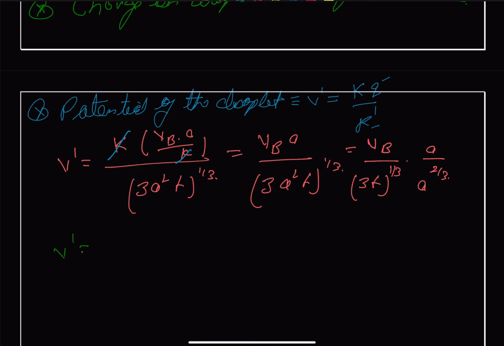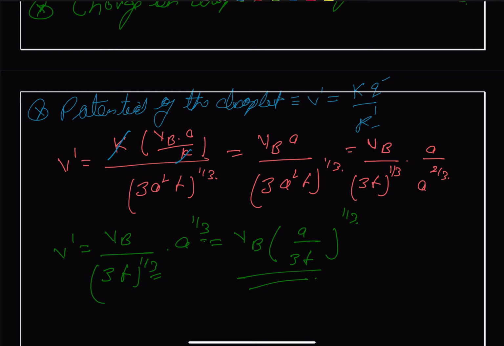So we get V prime equal to VB divided by (3t) to the 1 by 3, and A to the 1 by 3. We can just club these because the power is the same, 1 by 3, so we can write this as VB times (A over 3t) whole raised to 1 by 3.